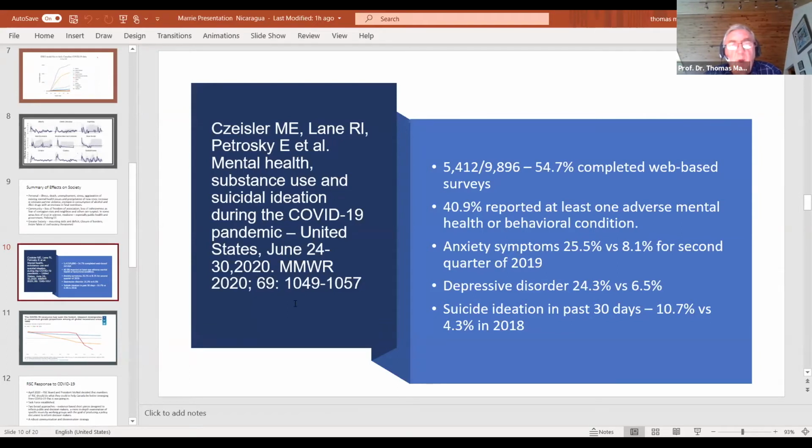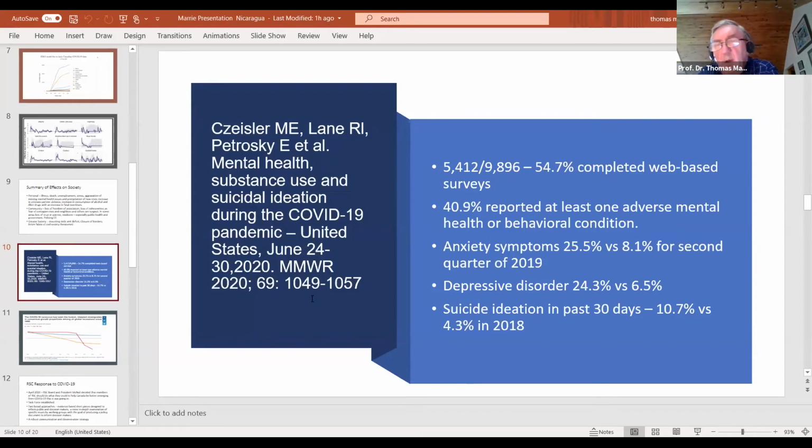To cite just one paper for you, this is a report from the Morbidity and Mortality Weekly Report in the US, which appeared just a little while ago, a survey of the effect on mental health, substance use, and suicidal ideation during the COVID-19 pandemic in the US from June 24th onwards.